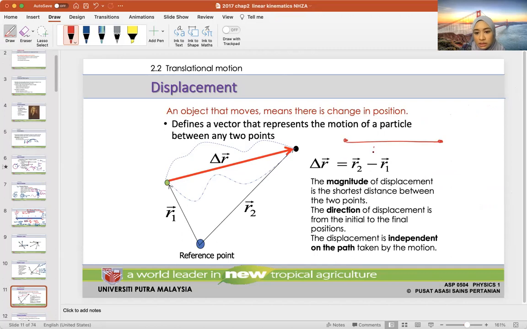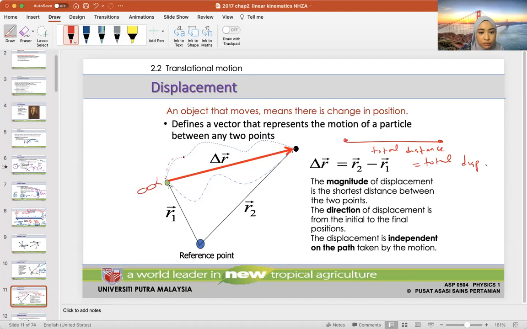The total distance was equal to the total displacement. That was in 1D. Okay, dan tulisan saya sangat buruk. And then here we have two dimension. Why? Because kita boleh resolve ni jadi X and Y. So this is actually 2D. It's not 1D.